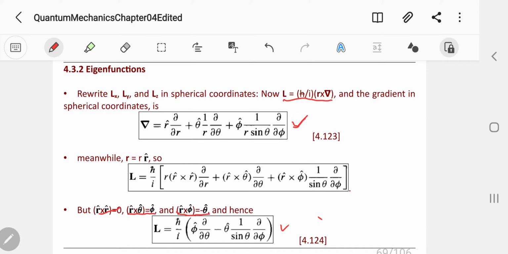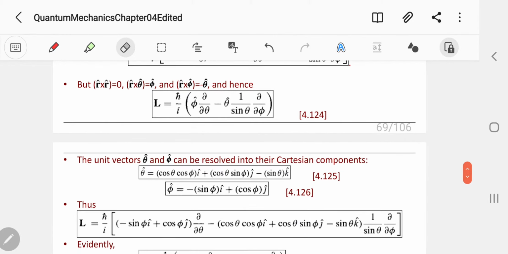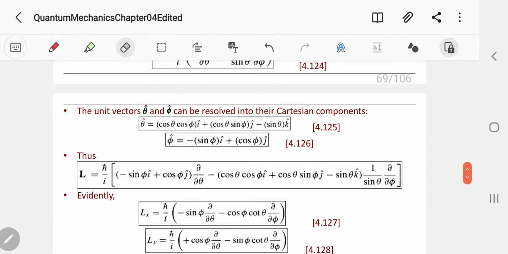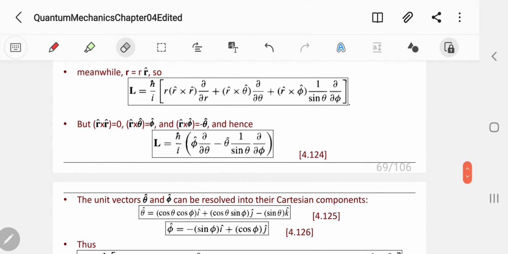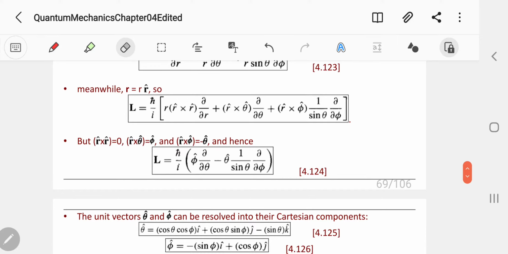So we can simplify this to this one, to this one here.